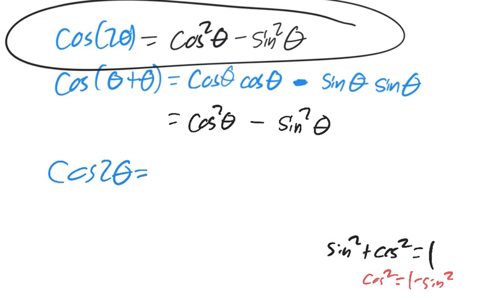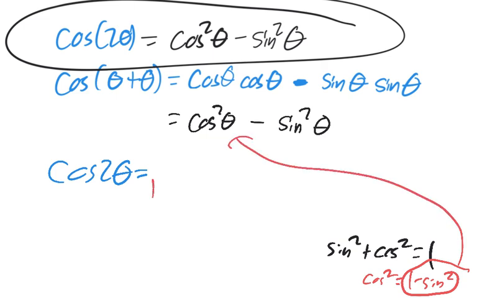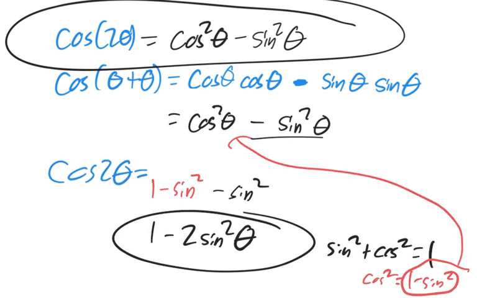So I could take this and plug it in for cosine squared, which would give me 1 minus sine squared. And there was already a minus sine squared, which means I have 2 sine squareds. This is the second formula for cosine of 2 theta.